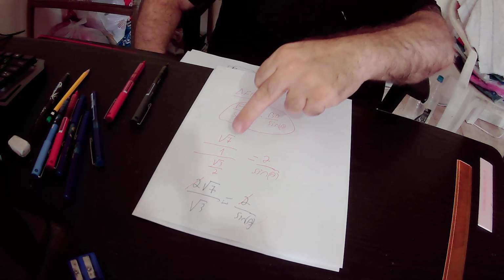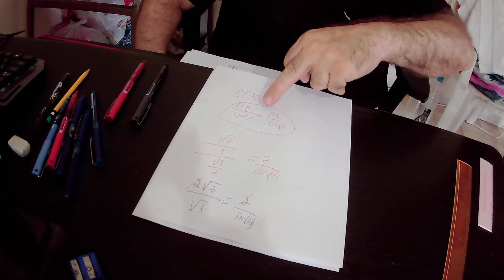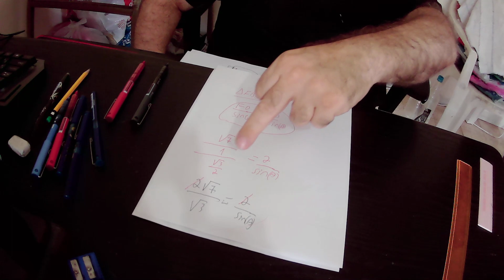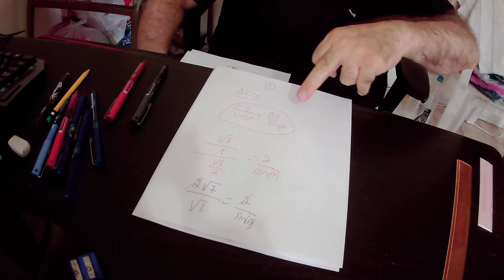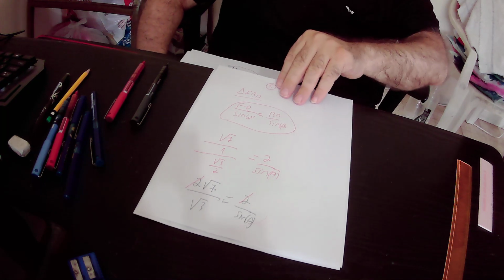We know that FD equals root 7 units, sine 60 degrees is root 3 over 2, and BD equals 2, so the only missing variable is sine theta.